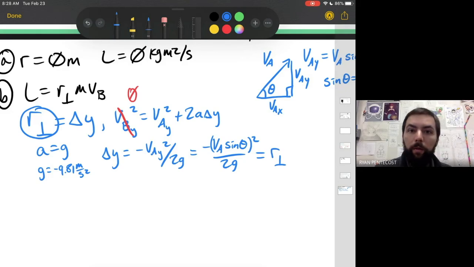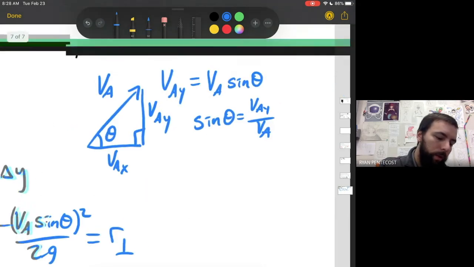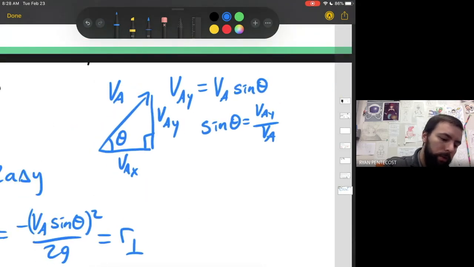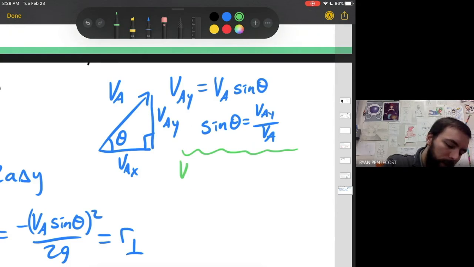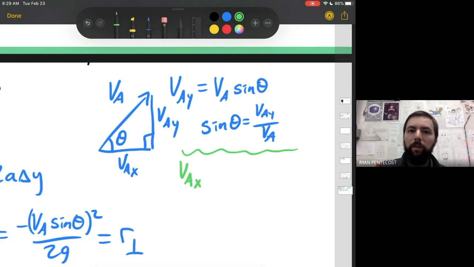But our VB, what would VB be? Well, we know from general kinematics that if there is no acceleration in the x, then there will be no change in the velocity in the x. So the VAX in this projectile problem, because we're neglecting air drag, is going to be constant.